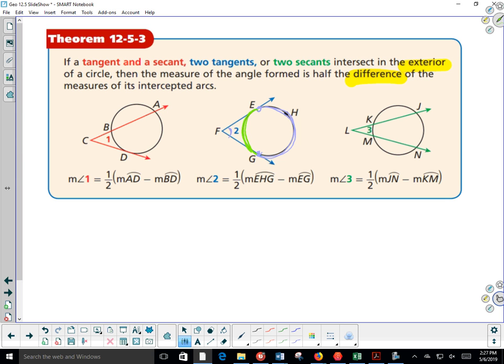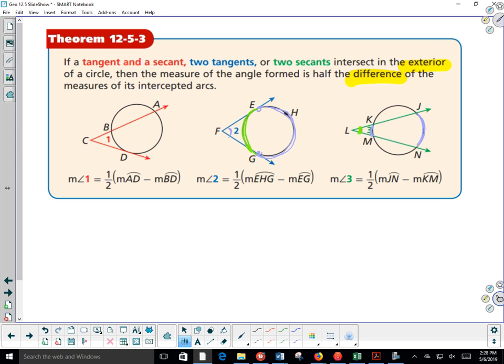We'll take the difference between those two arcs and then divide by 2. Or for angle 3, this angle right here, we would take this arc here and this arc here, subtract them, and then divide by 2.